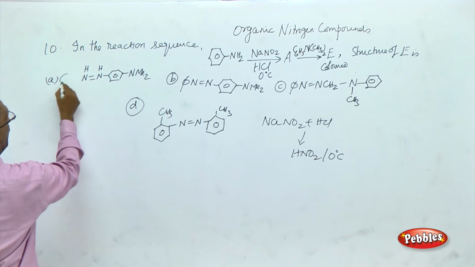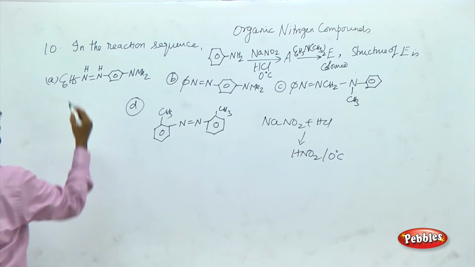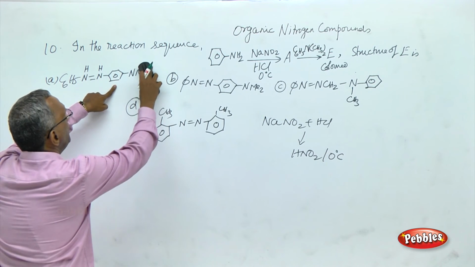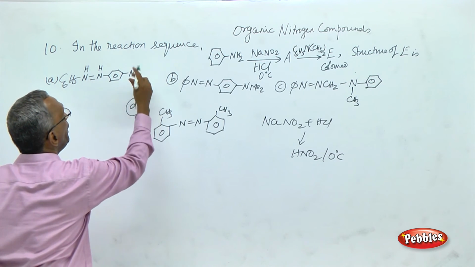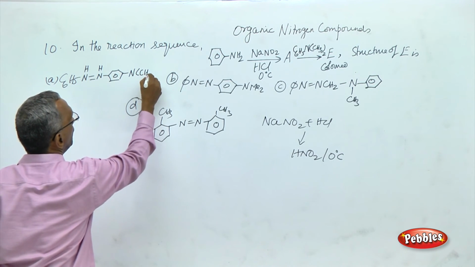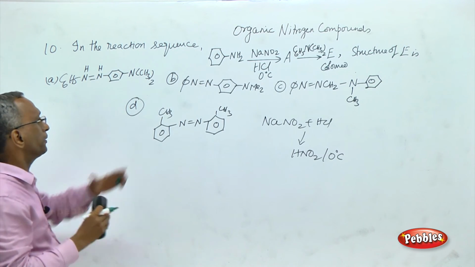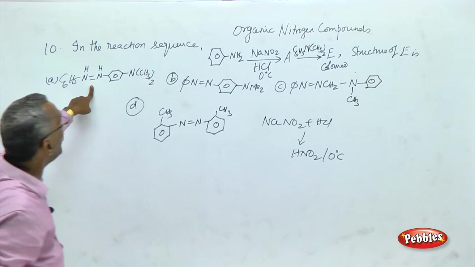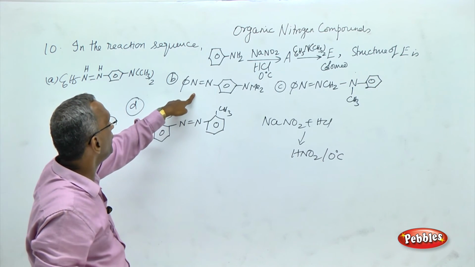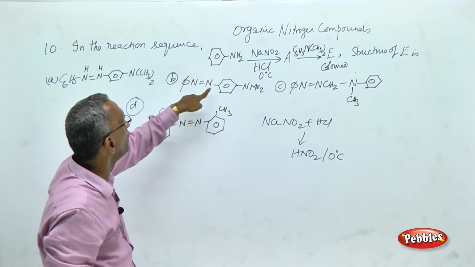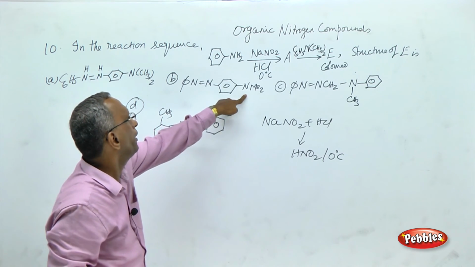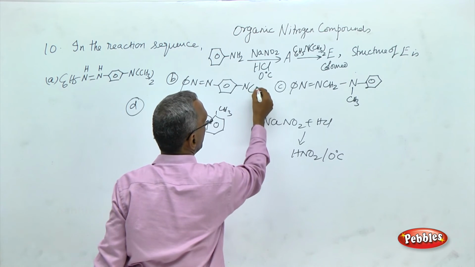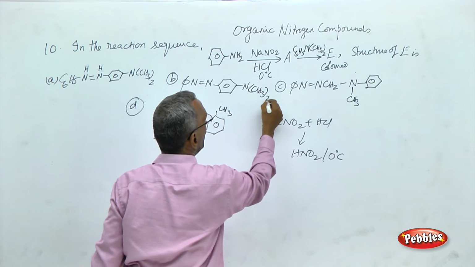The first compound is C6H5N=N, benzene ring, N(CH3)2, that is, Me twice. Me means methyl group, CH3 twice.